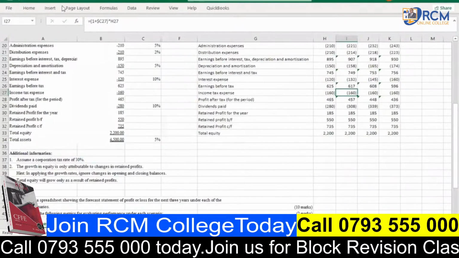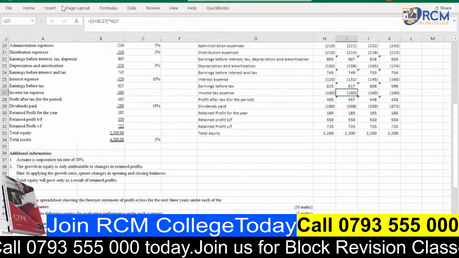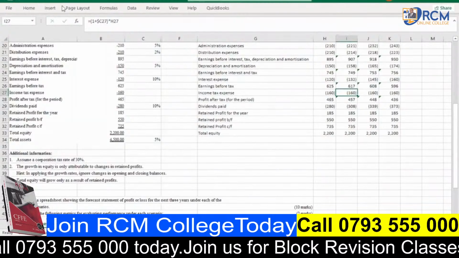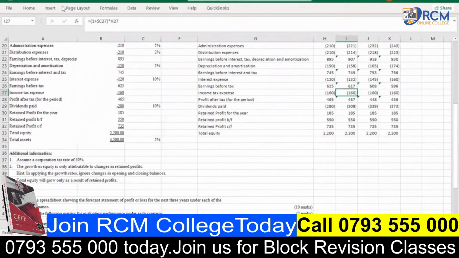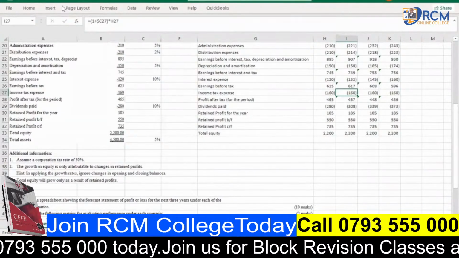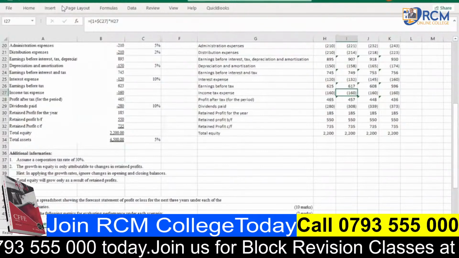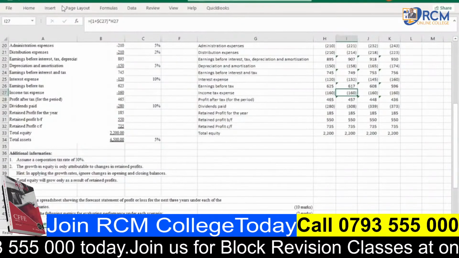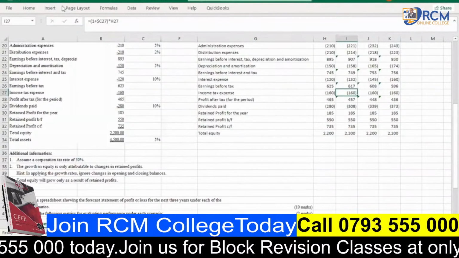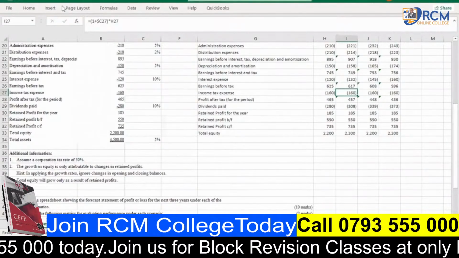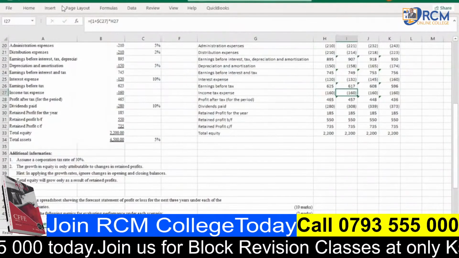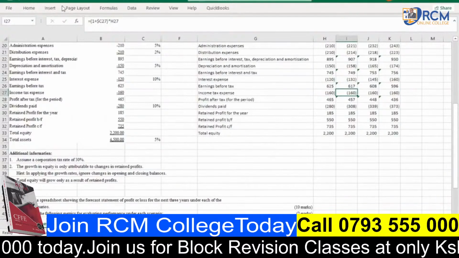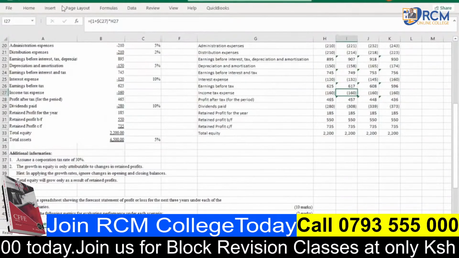Yes, that's correct. Then another option, 30% of 617, which is earnings before taxes, minus 150, that is plus 150. What is this 150? Let me see.